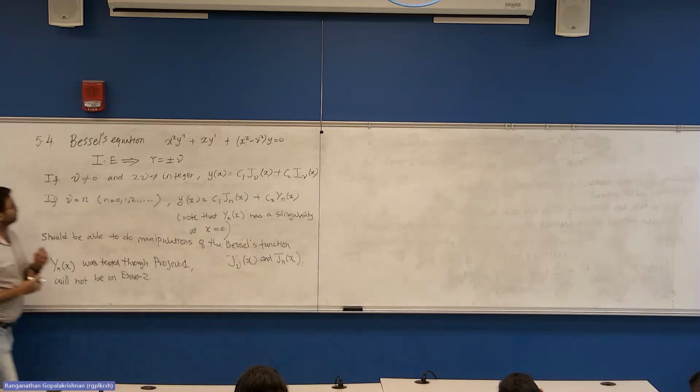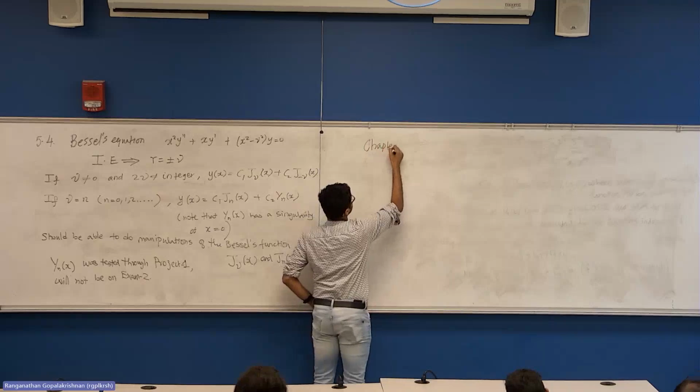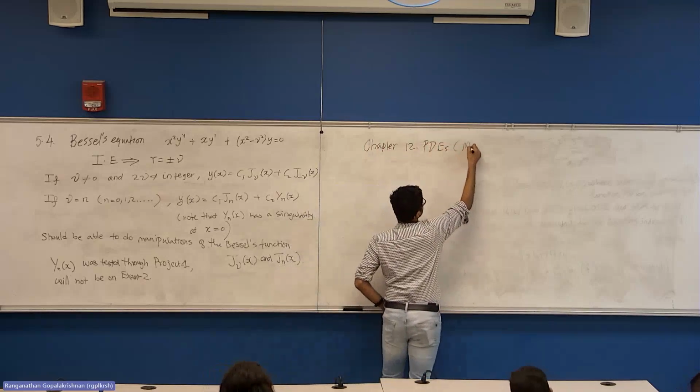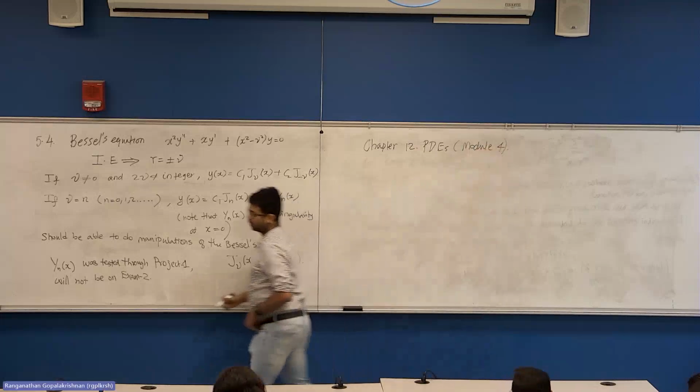So chapter 12 is PDEs, and it is module 4 according to our syllabus. What did we do?